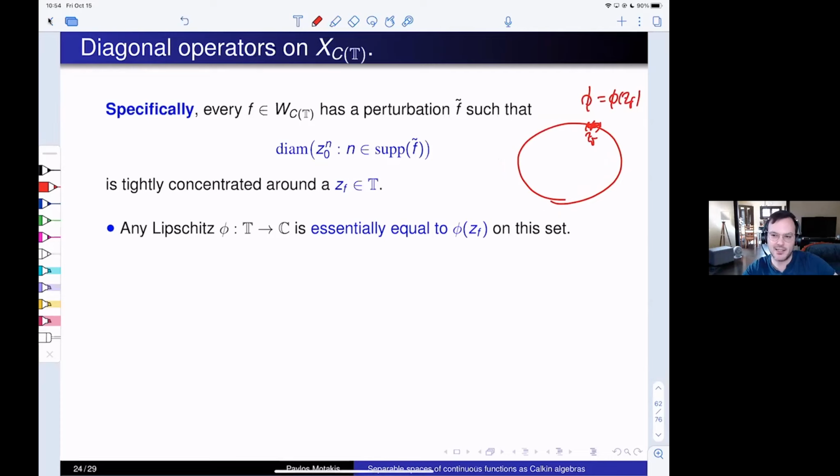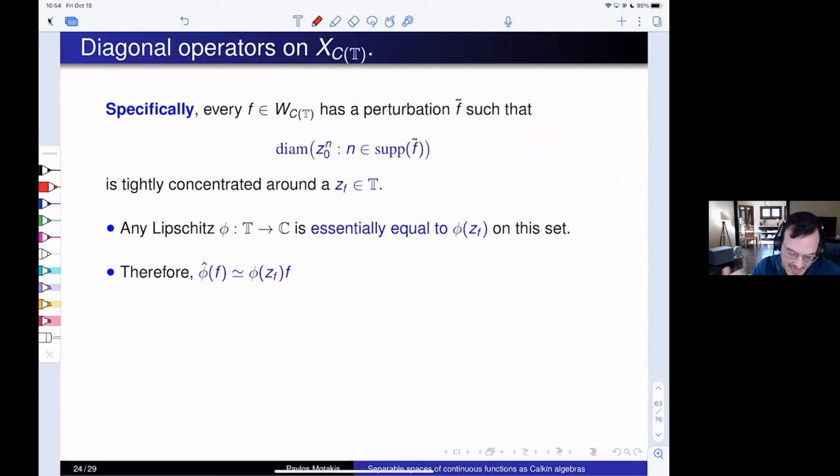Now if I translate this to a multiplier acting on my space, when it acts on the support of this phi, it is basically constant. So when I act with this phi hat on this F, I basically get a scalar multiple of F. This is basically the new idea. Every member of the norming set, if you act on it with this prescribed diagonal operator, which is Lipschitz, so you want some tight control of its continuity, is basically a constant multiple of F.